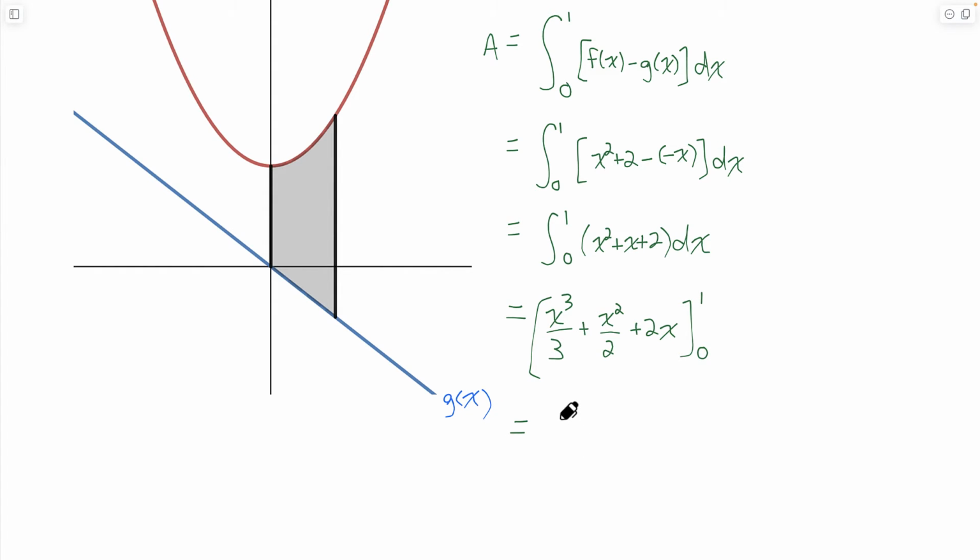So this would give me a third plus a half plus 2 minus the antiderivative at 0 is 0 plus 0 plus 0. And if I add those together, I get 17 over 6, which is about 2.83. So this area right here is 2.83 units squared.